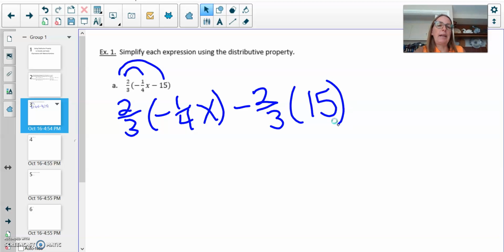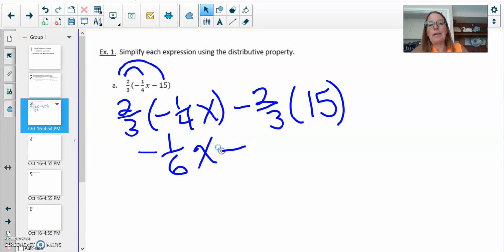Now we're going to multiply it out. 2/3 times negative 1/4, I can cross cancel, so it becomes negative 1/6 x. Minus 2/3 times 15 becomes 10.